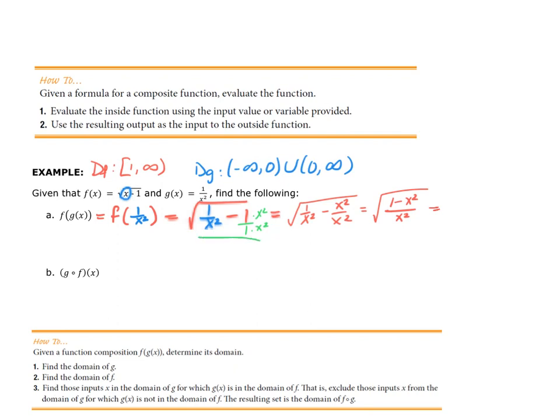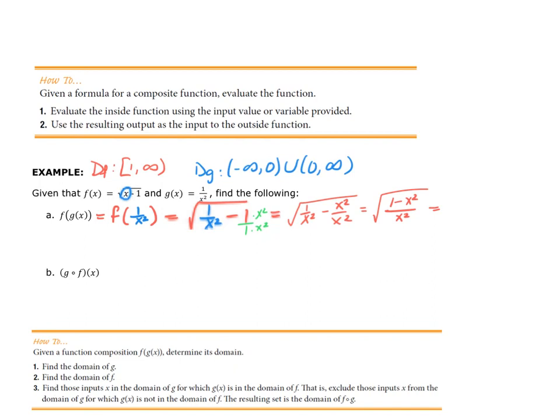So this step right here, what I'm doing is I'm making the same common denominator, because what I have to do is determine the domain of my final answer. So I made negative 1 as negative 1 over 1, so that I have the same common denominator, and I multiplied by x squared. And then what I did after that was I combined it because I have the same common denominator.